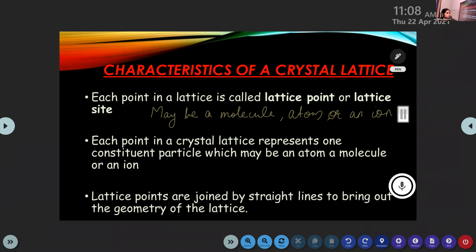It depends upon the particle it is made up of. Clear? So this entire crystal is made with this particle, which may be a molecule, atom, or an ion. So this lattice point creates its shape.